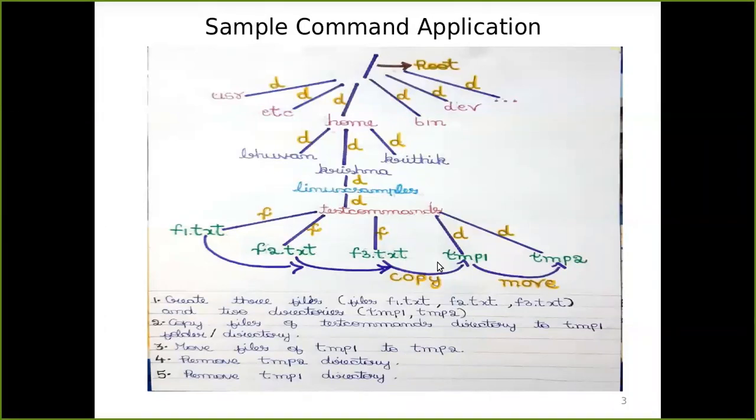Now we were in the source directory and we moved to the destination directory. We will see it in a slightly different way. Earlier we were in the source directory and copied to the destination.